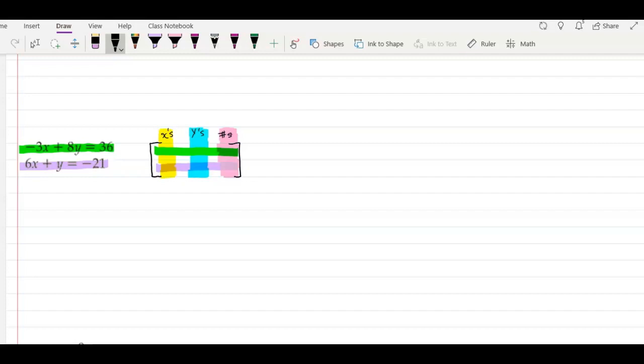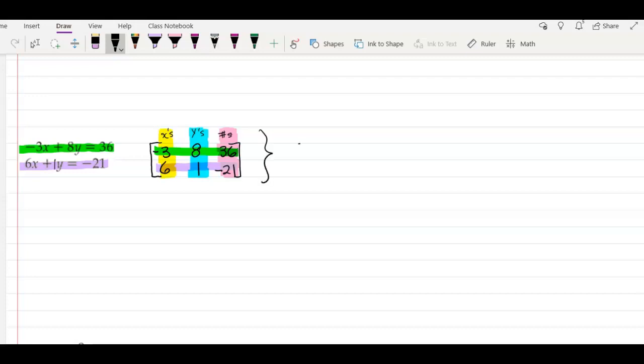So we're starting off. The green equation, I want the coefficient of x. So negative 3, 8, 36. The second equation is going to be 6, 1, negative 21.